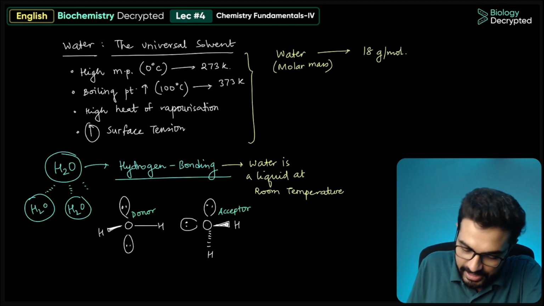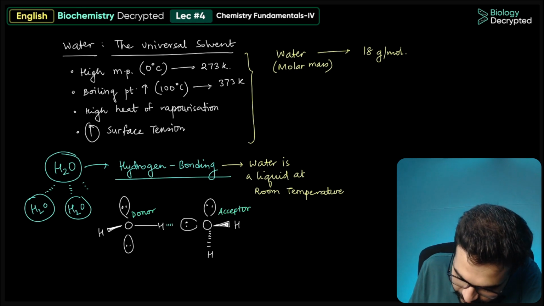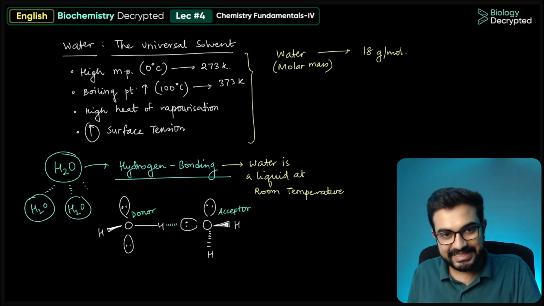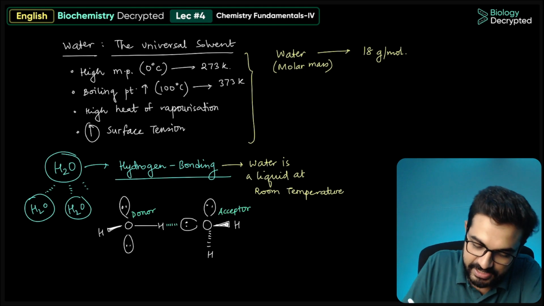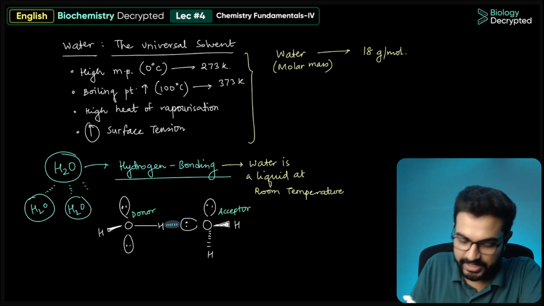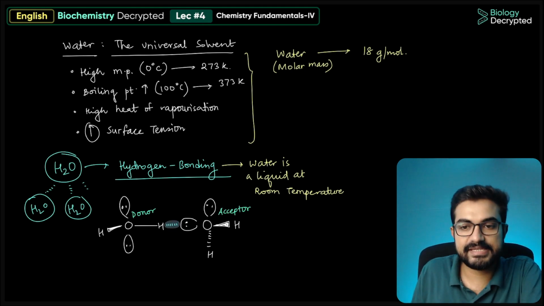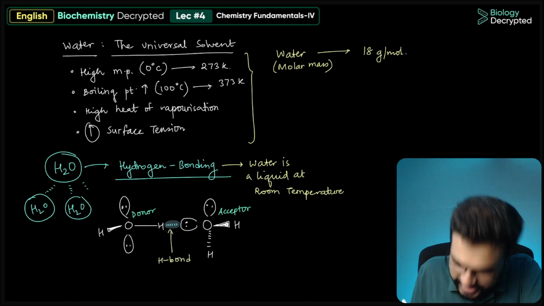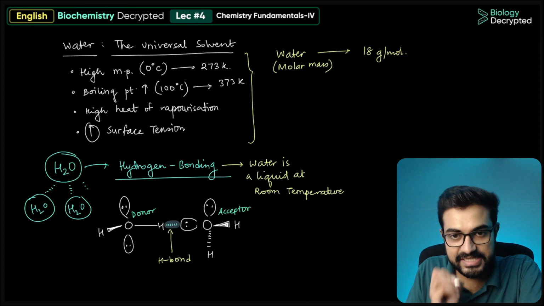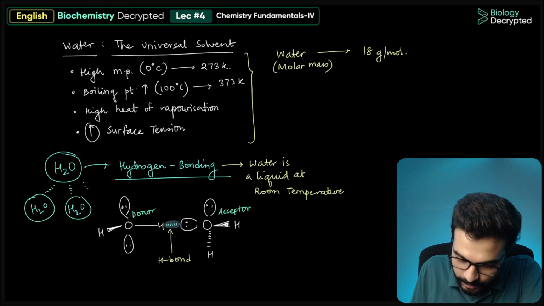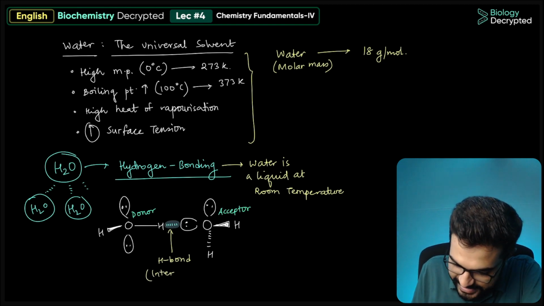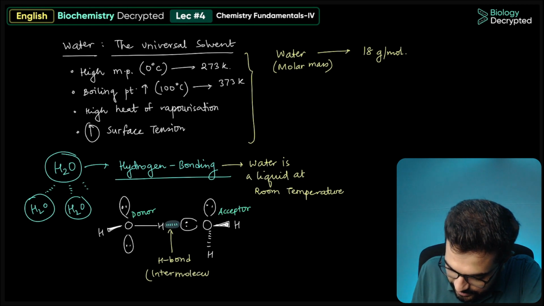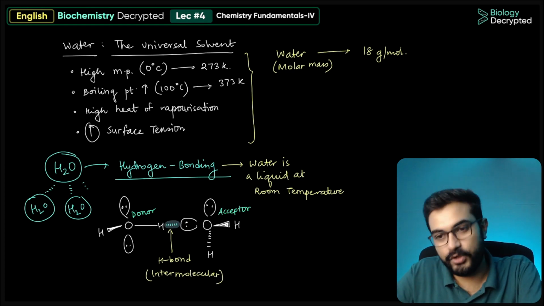And now a hydrogen bond is actually being formed between oxygen and hydrogen. So what we see here is this particular hydrogen bond that is formed, and obviously you can see, since this is between two different molecules, we'll call it an intermolecular hydrogen bond.